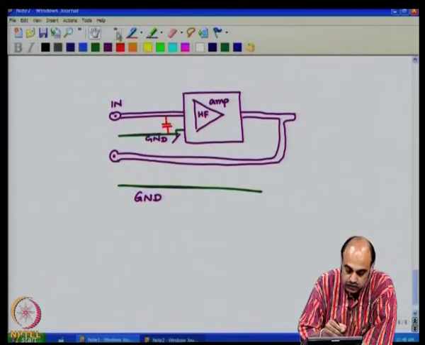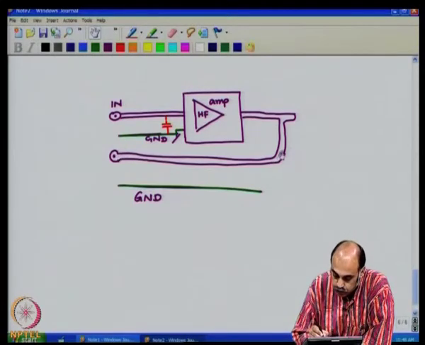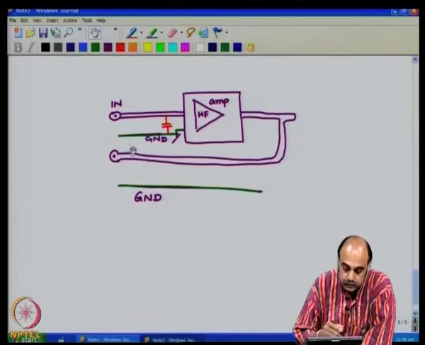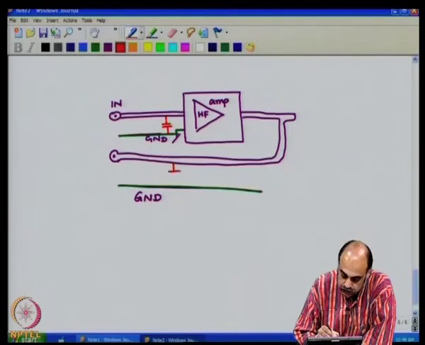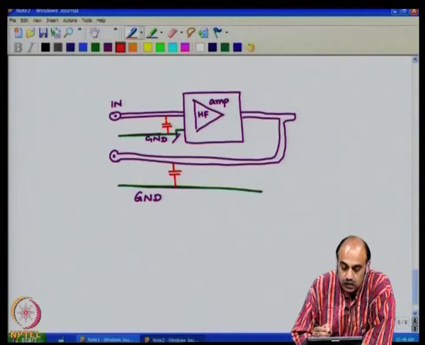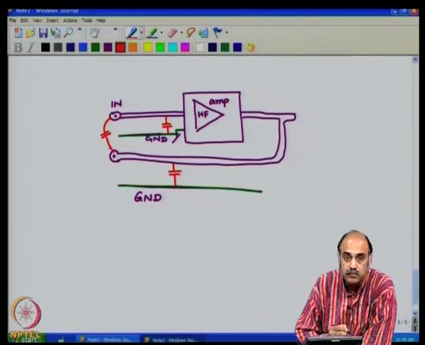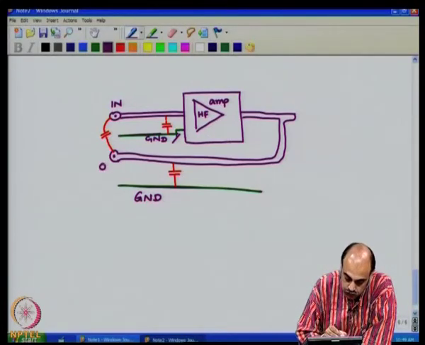I could have a capacitance between this output track and the ground track here, which could be something like this. Not only that, you could also have a parasitic capacitance between these two tracks, the input track and the output track.